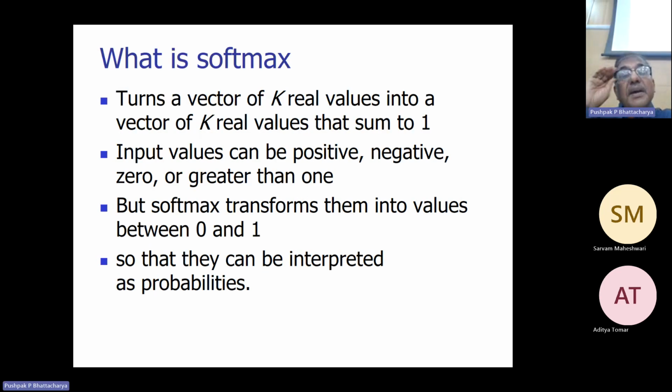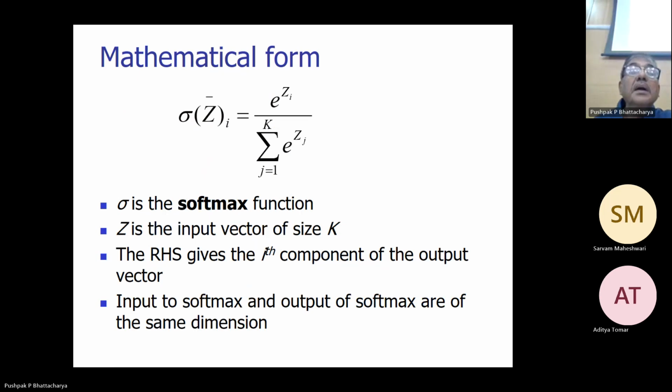Now, what is softmax? It turns a vector of k real values into a vector of k real values that sum to 1, and these k real values are non-negative. Input values can be positive, negative, 0, or greater than 1. But softmax transforms them into values between 0 and 1 so that they can be interpreted as probabilities. The mathematical form of the softmax function is this.